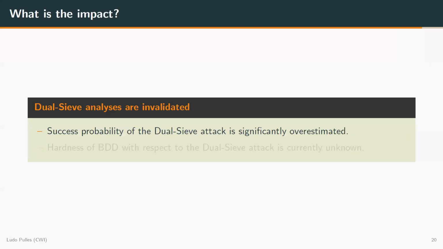Ultimately, this analysis seems to be somewhat off, and the success probability of the attacks that are given is significantly overestimated at this point. The chance of giving the right guess of the secret is much lower. This means that we currently do not have a precise knowledge of how hard this BDD is with respect to this dual sieve attack.